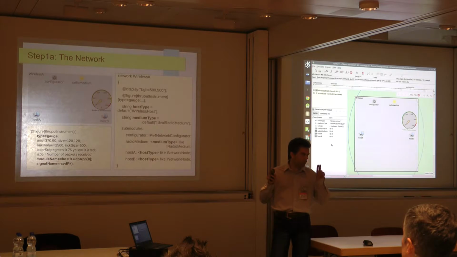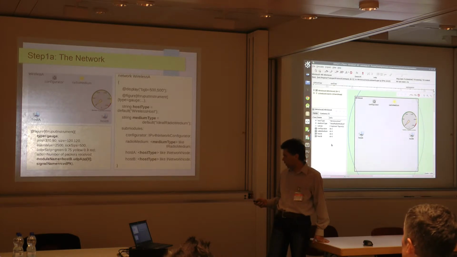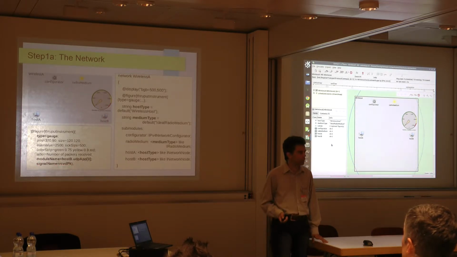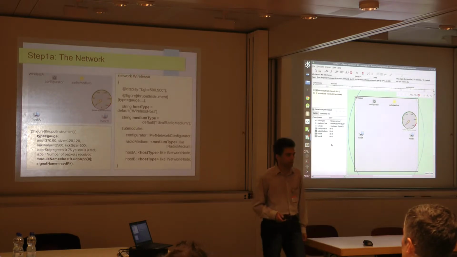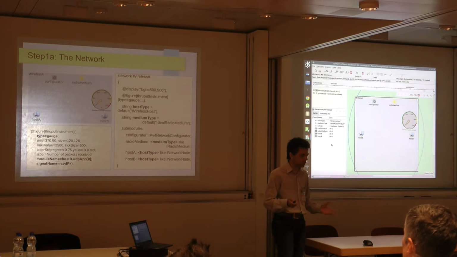This is the source of the data itself. As you can see right now, it's host B, so it's the destination host, and UDP. So it listens on signals coming from the UDP inside host B, and the signal name is receivedPacket. So the gauge actually will tick and increase every time host B receives a packet. It's a good measure of how many actual packets went through the network.